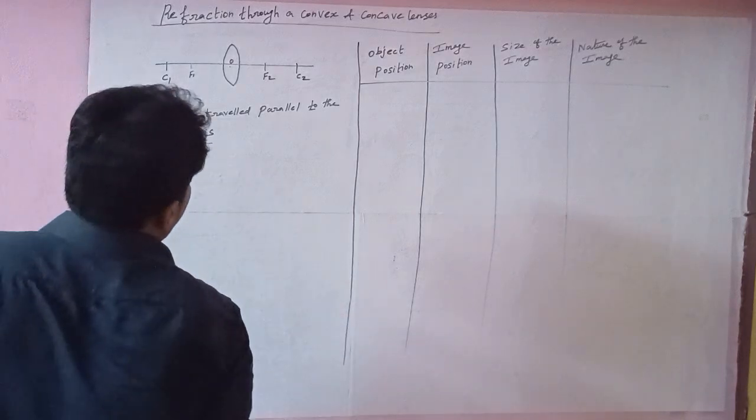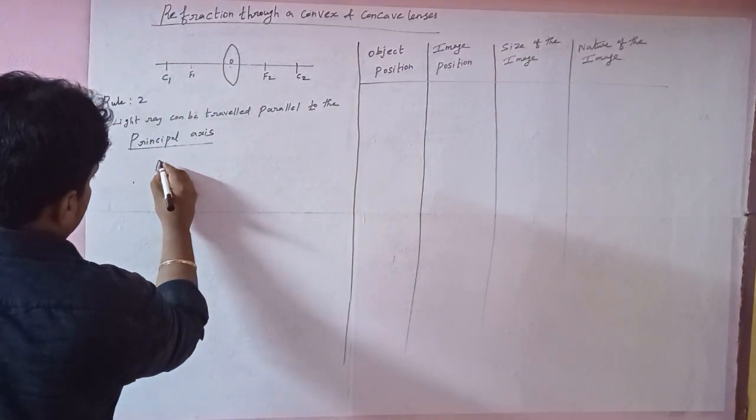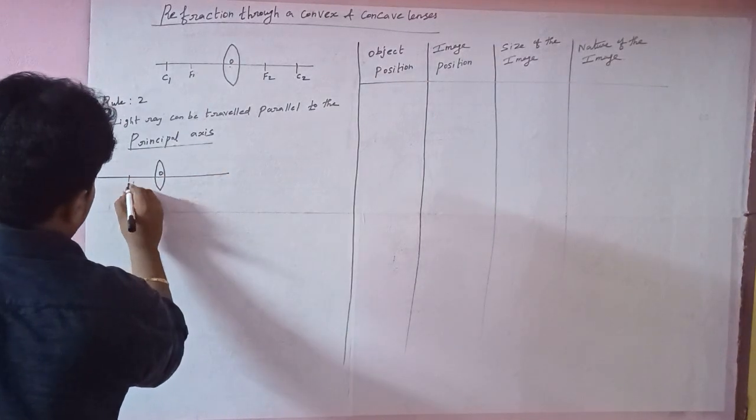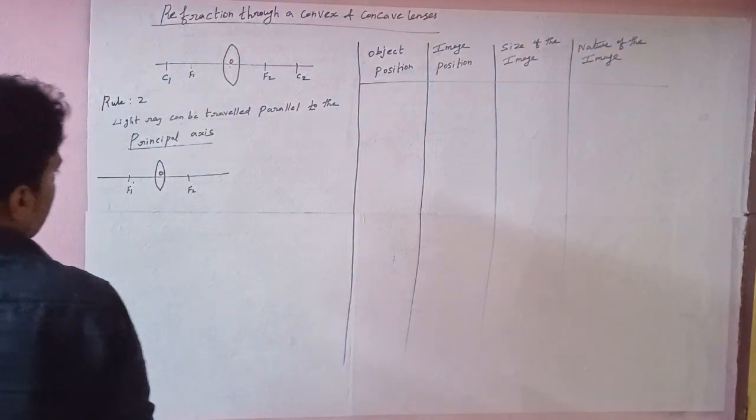For example, this is a convex lens. O is the optic center. This is the principal axis. F1 is the object and F2 is the image.